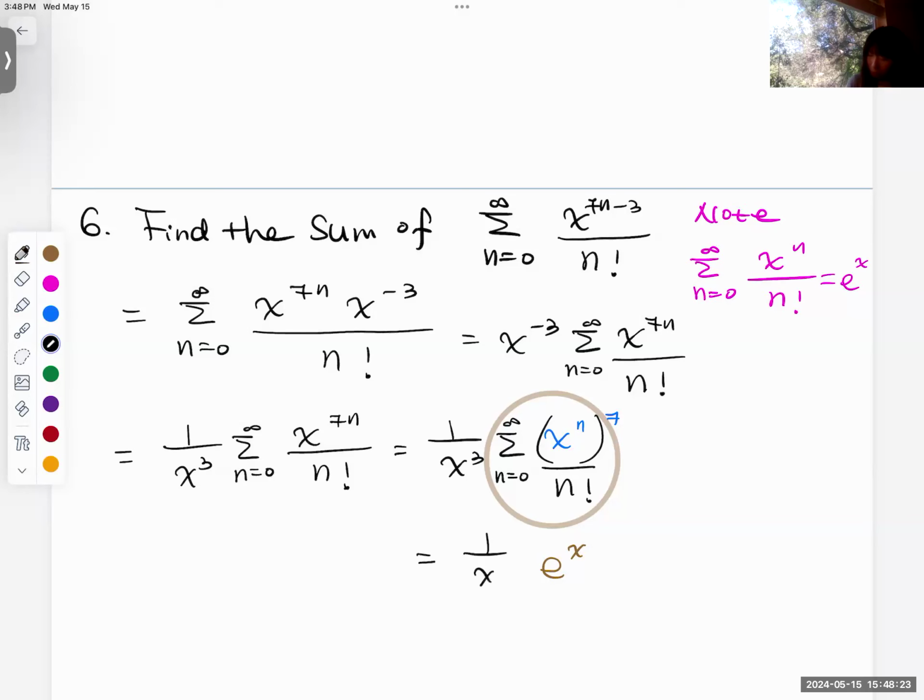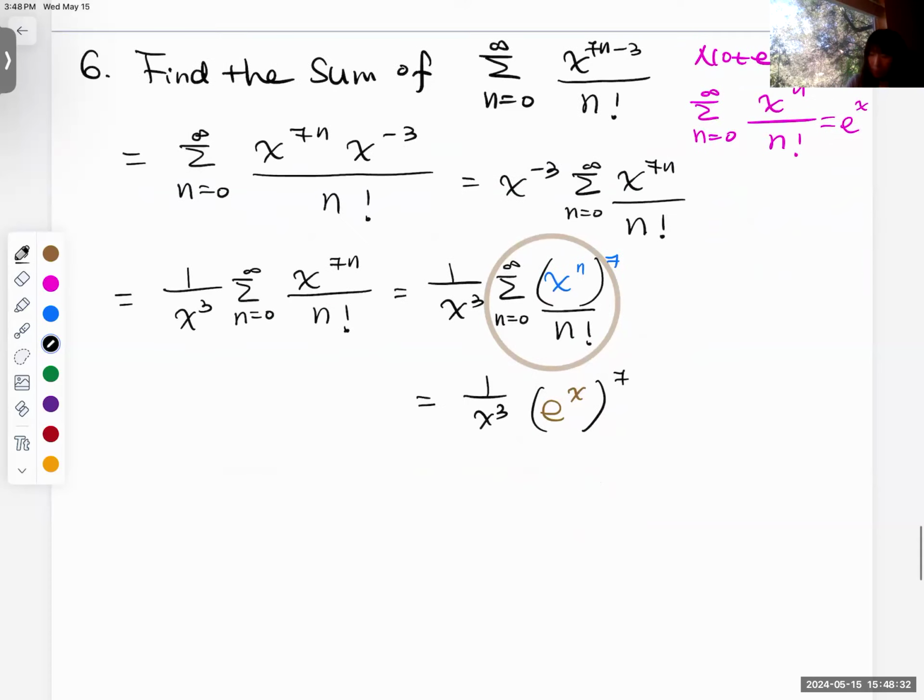So we have x to the third, right? And then to the 7 power, right? Yeah. So there will be, can you express it this way?